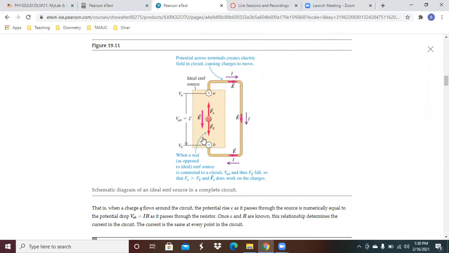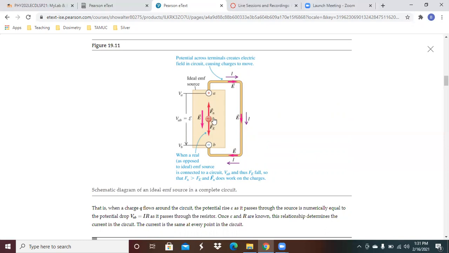So we can see the current or the electric field going from the positive to the negative terminal. And when a real, as opposed to ideal, EMF source is connected, then this voltage and thus this force is going to fall.